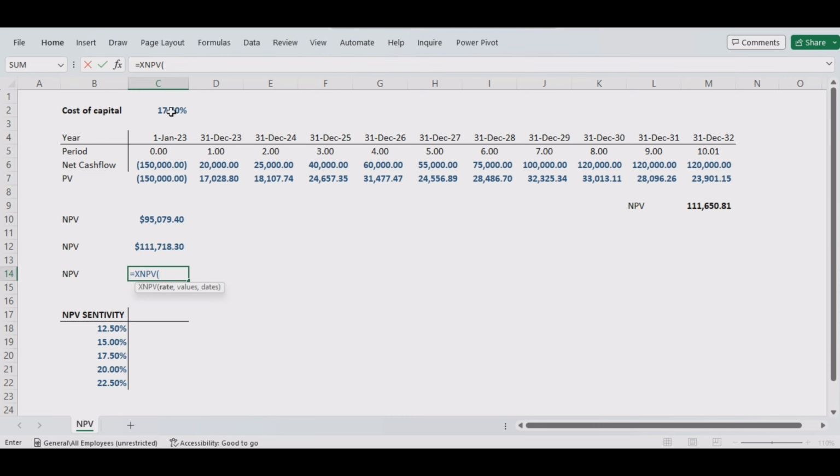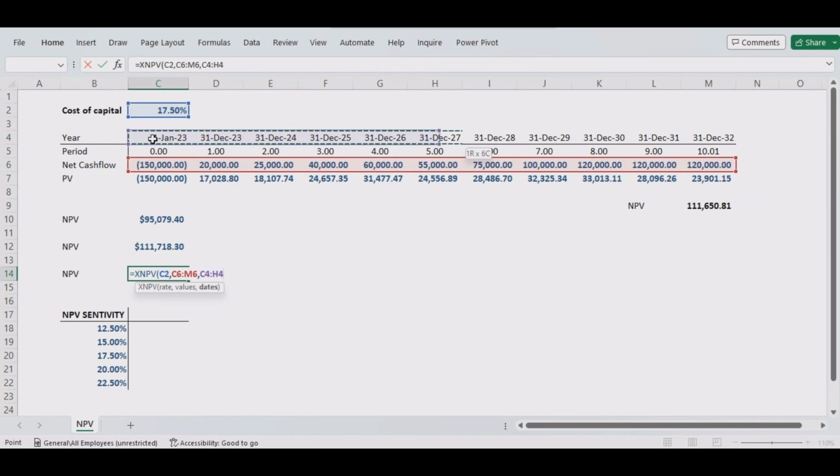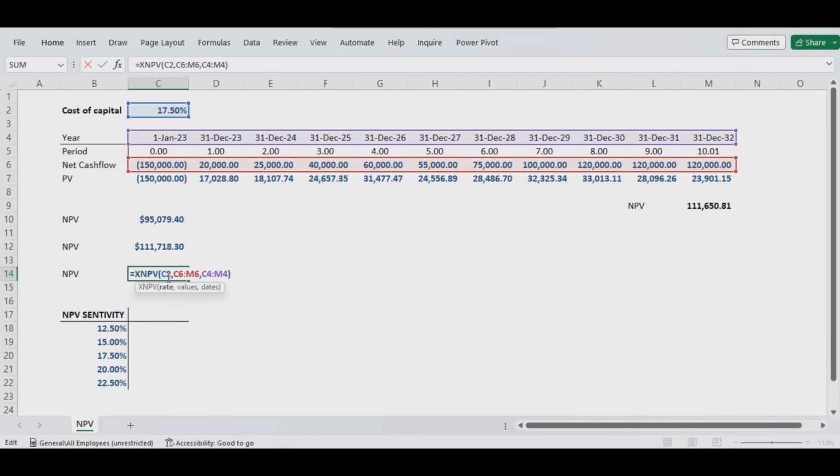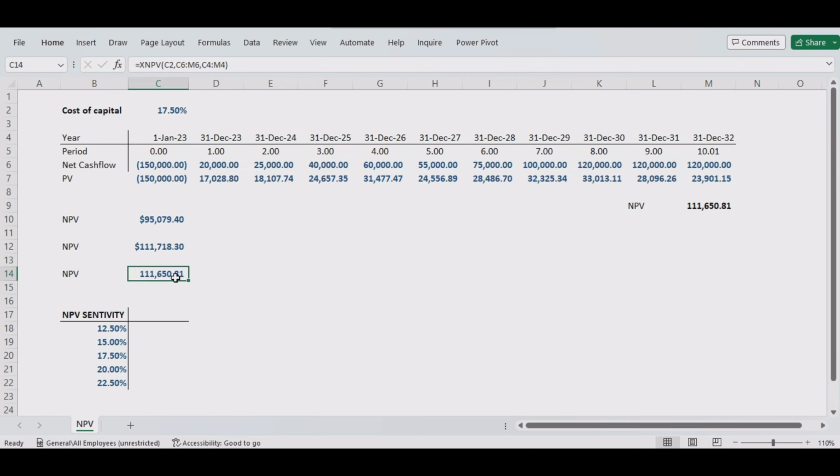So you do the rate the way it is, then the values, these cash flows, then comma, the dates. So now you also select the dates. Then once you do that, you close, then you press enter. You notice that this is the collective value. This value, this value, this value are the same. You notice that this one and this one are identical.